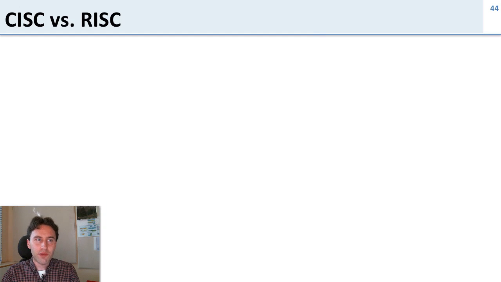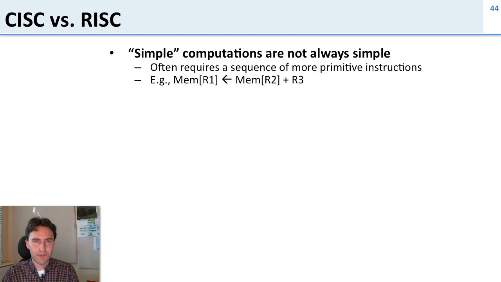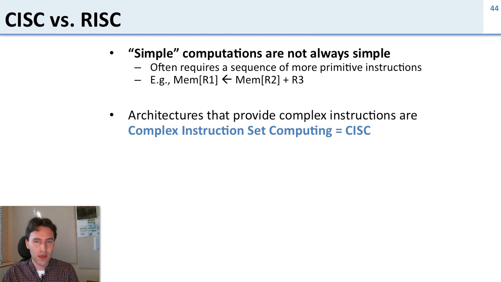So before we finish this up here, I want to talk about CISC versus RISC. So we've seen that simple computations are not always simple. If I want to add a memory location to a register, I have to go load the memory location and add the register and then store it back. Architectures that provide complex instructions to do this sort of thing in one instruction are called CISC, complex instruction set computing.